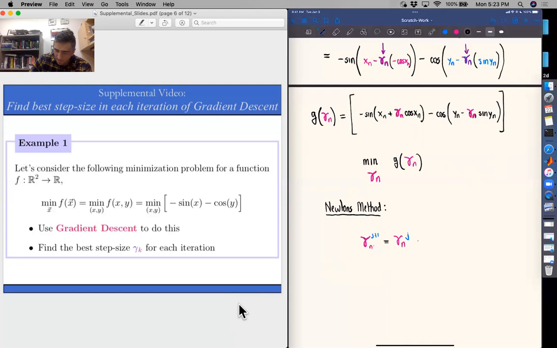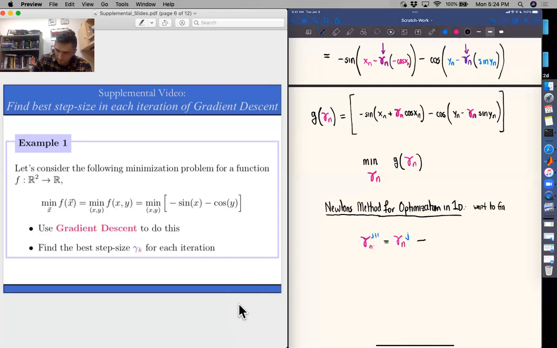But then Newton's method basically says, for a 1D function, if I'm doing this for optimization, I want to find when the derivative of that function is equal to 0. So let's be clear, we're doing Newton's method for optimization. And since the function that we have is g of gamma n, we want to find when g prime of gamma is 0.